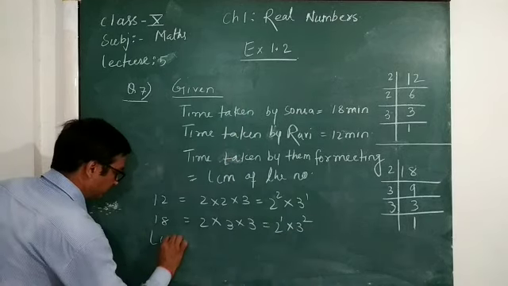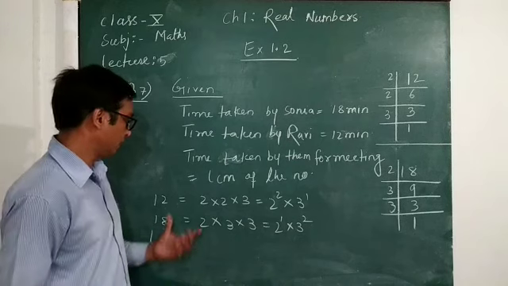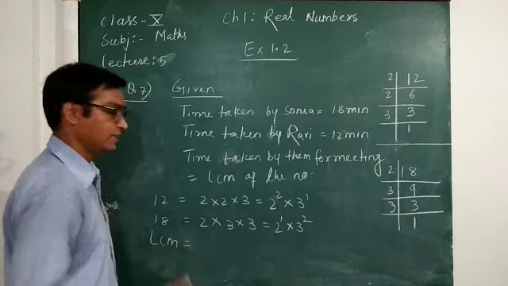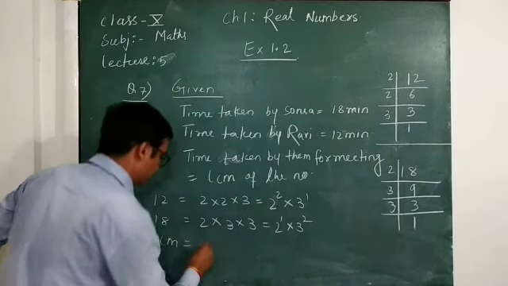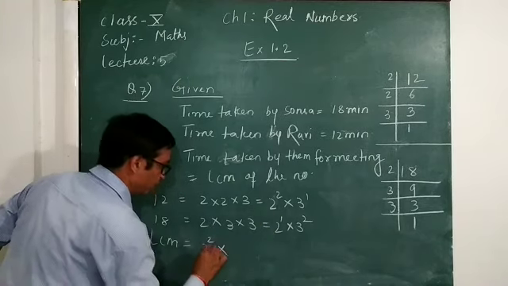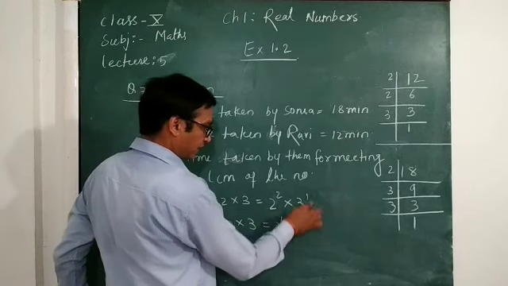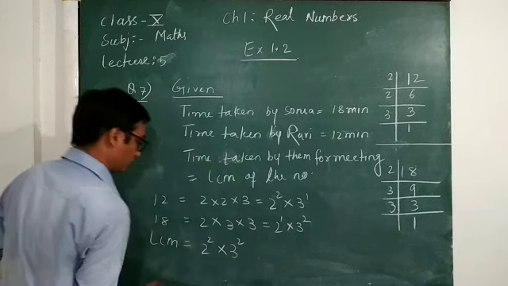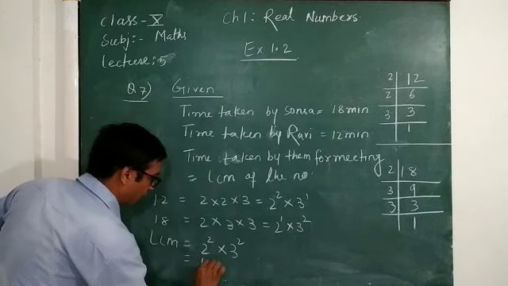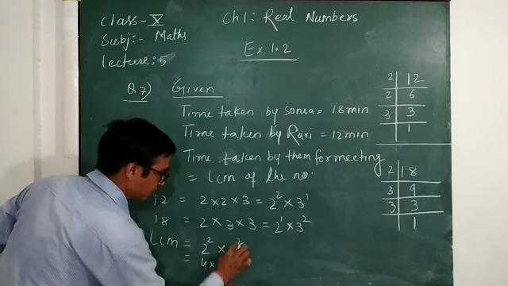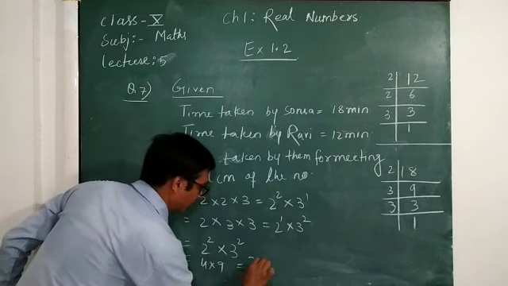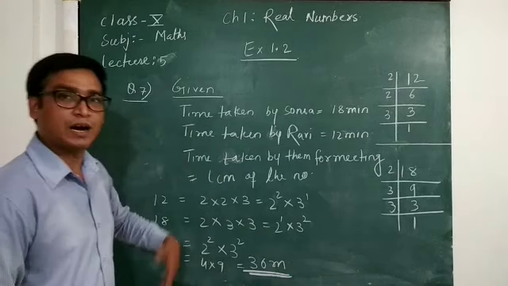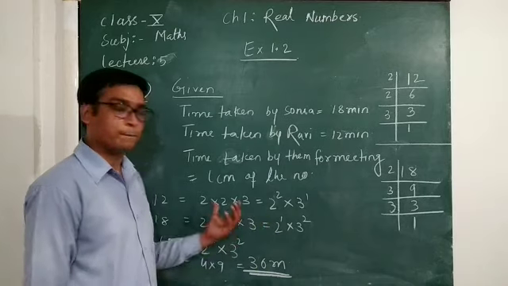So our LCM is equal to the maximum exponent of each taken: 2 raised to power 2 into 3 raised to power 2. So 4 into 9 is equal to 36 minutes. This means they will meet together again after 36 minutes.